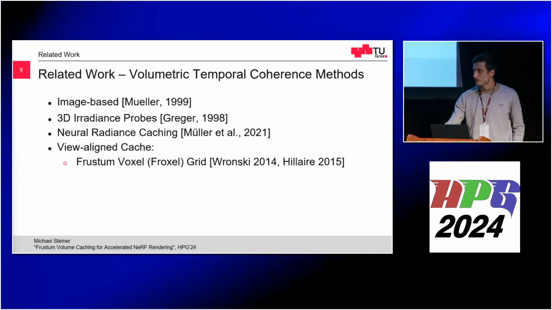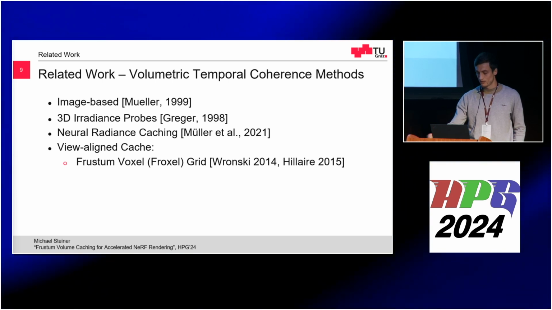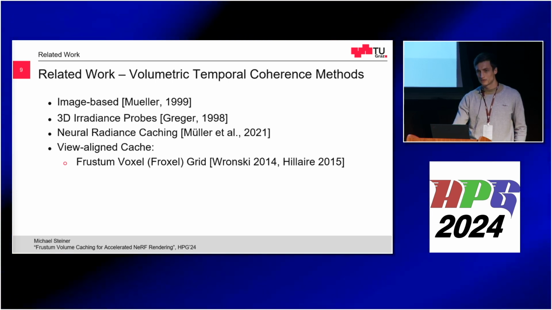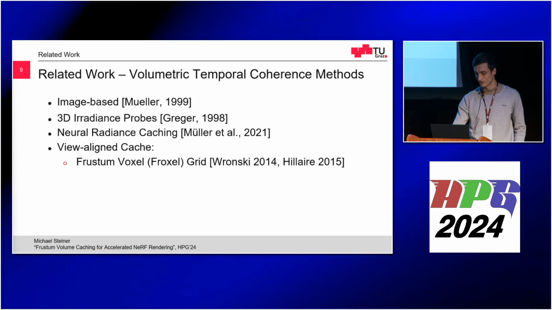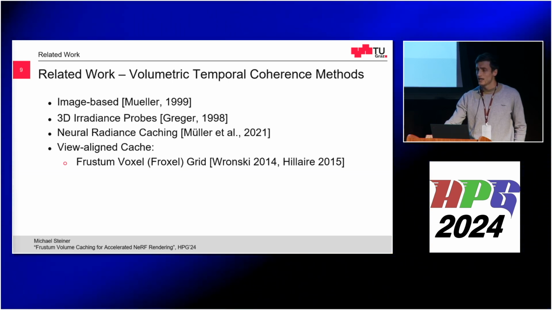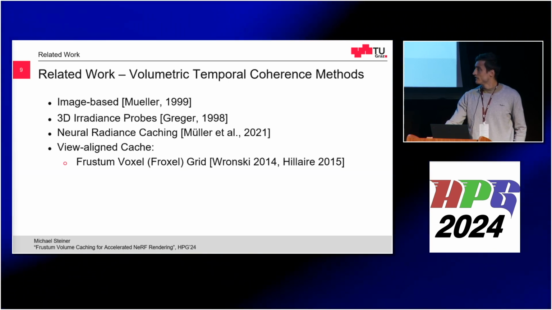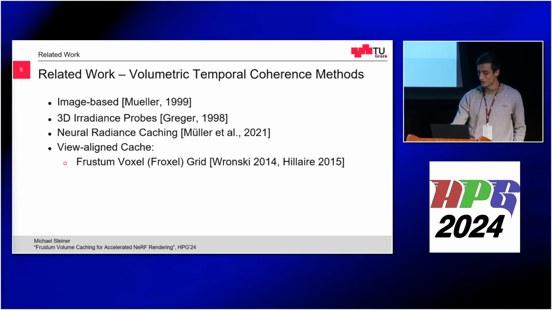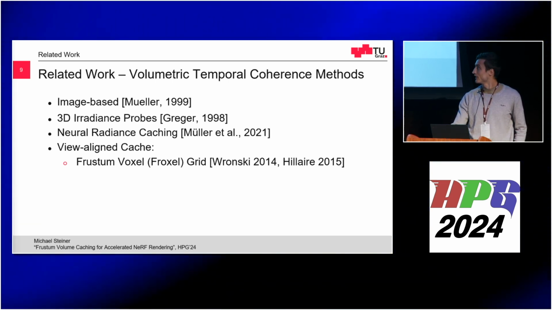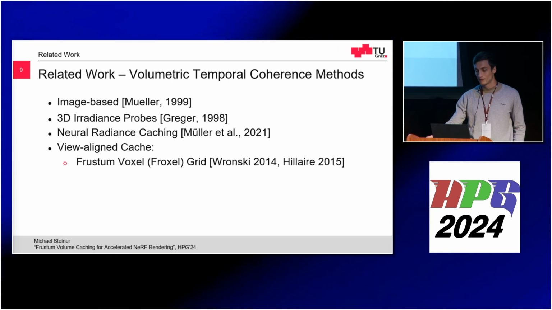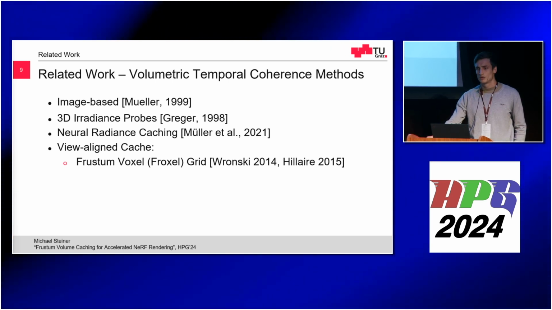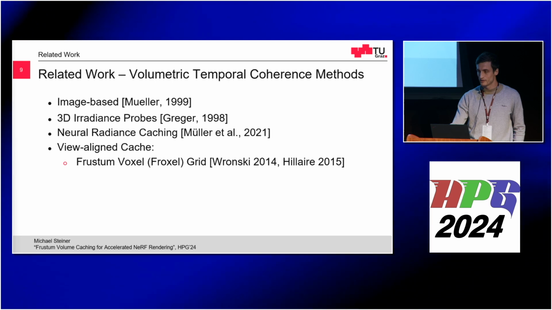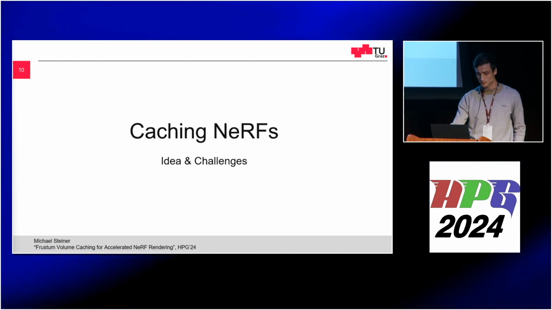More recent methods like neural radiance caching use coordinate-based MLPs to use temporal coherence also in world space. And more closely related to our method, view-aligned caches employed frustum voxel or froxel grids, for example by Wronski and Hillaire, to cache irradiance of participating media like fog.